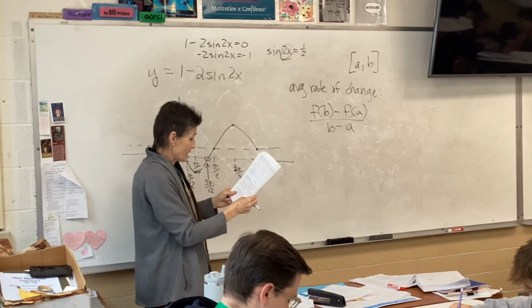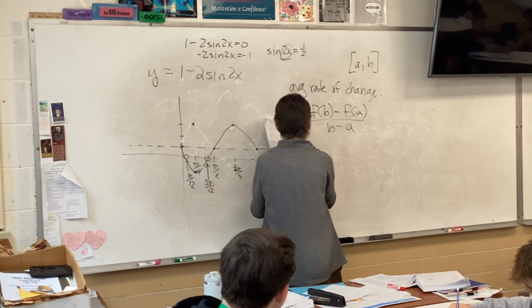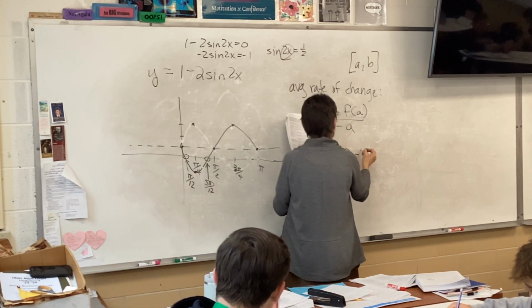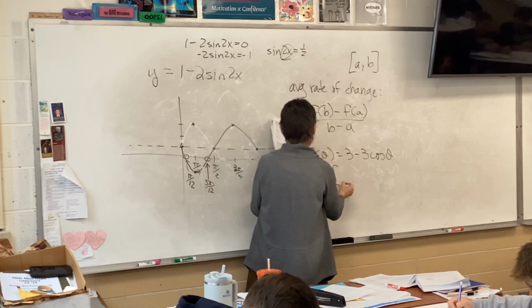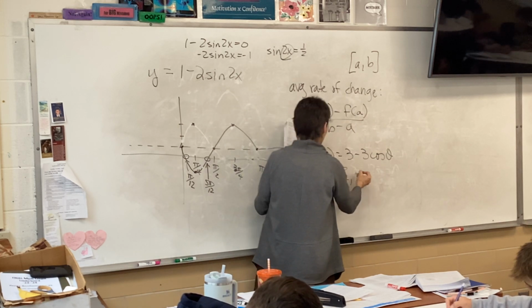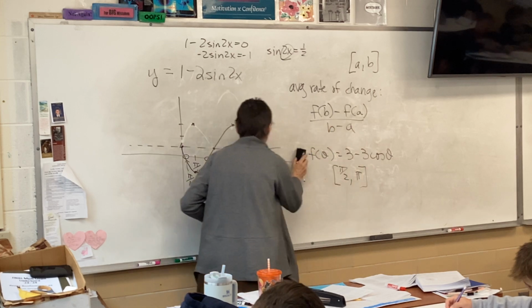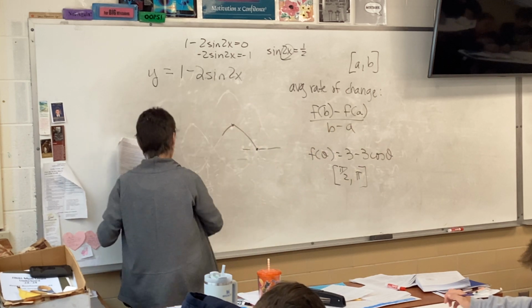Okay, now we will have our function is this, and our interval is pi over 2 to pi. Here we go. We do it just like we've always done it.